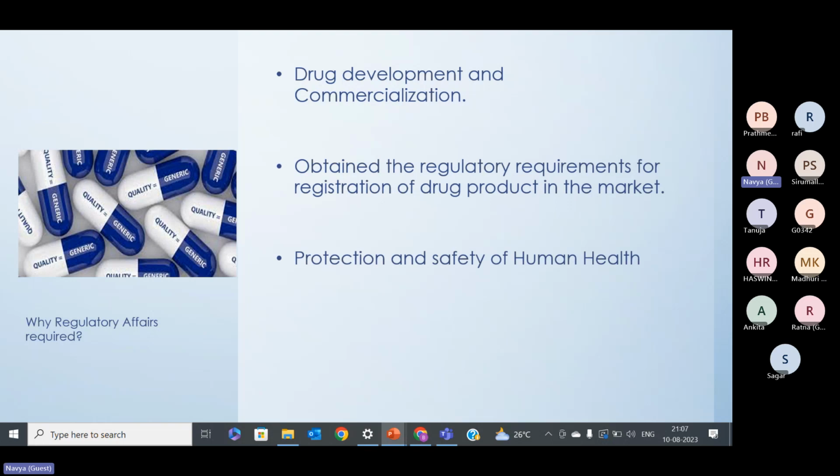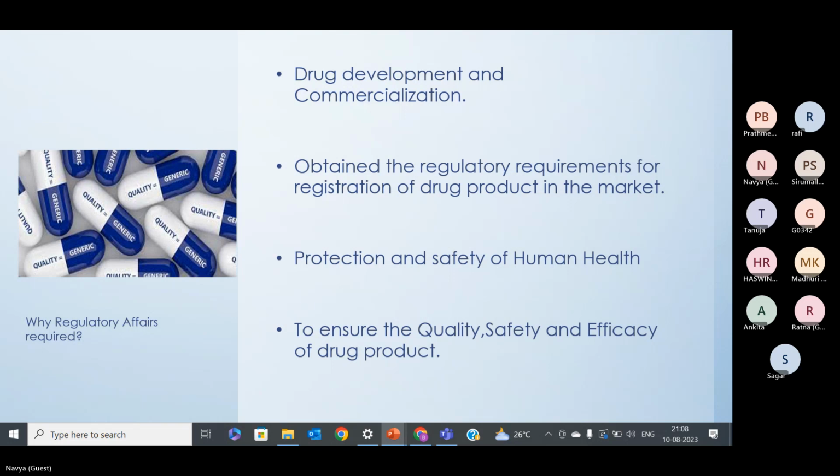This is the most important target: when registering a product in a particular market to sell it, the basic and main target is to protect and safeguard human health. To do that, the authority decides whether or not to grant permission to sell the product. Second is to ensure the quality, safety, and efficacy of that product. This is why regulatory affairs is required.